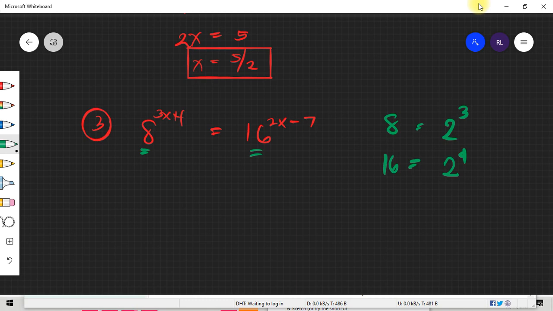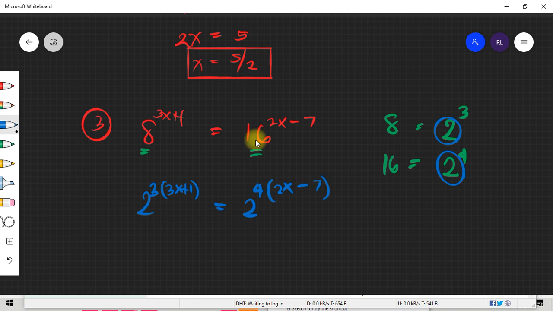Now they are the same base, so we can replace them. 8 will become 2 cubed, and the remaining exponent is 3x plus 1. And 16 is 2 raised to 4, with the remaining exponent 2x minus 7.